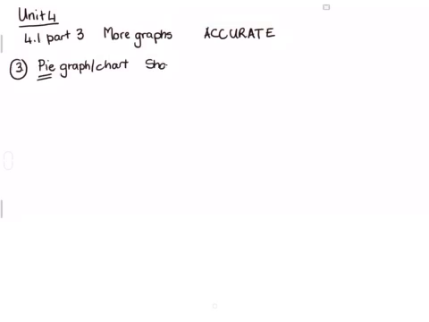When is this one quite good? It shows relative frequencies. So it shows the frequency of each category. Again, it's usually categories, but it shows the frequencies relative to the whole amount.